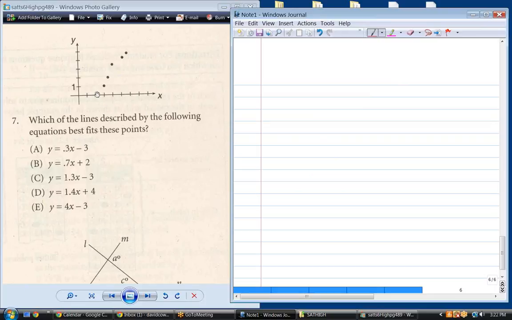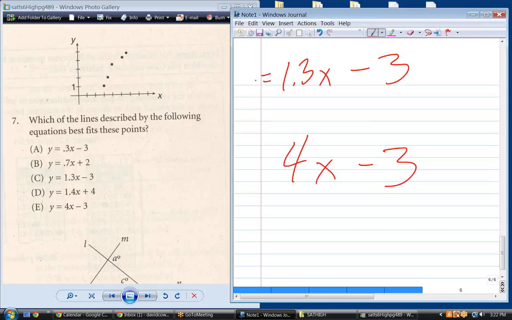The better technique is let's find the x-intercept. We're between 1.3x minus 3 or 4x minus 3. It's one of those two. Well, the x-intercept is where they're equal to 0. In this case, x would be 4/3.